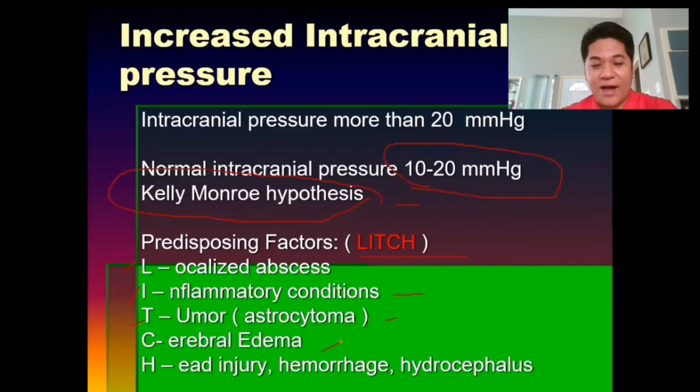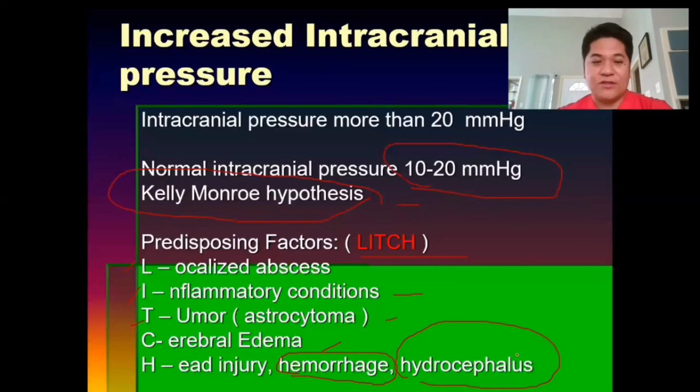Cerebral edema, of course, is an inflammatory reaction, so fluid retention will lead to increased ICP as well. And of course, head injury, which includes your hemorrhages. If you have a stroke or a blood clot forms in your brain, that also will lead to that. And hydrocephalus, which is an increase in the CSF, would also lead to increased ICP, okay?